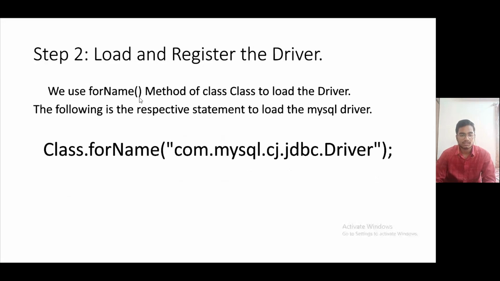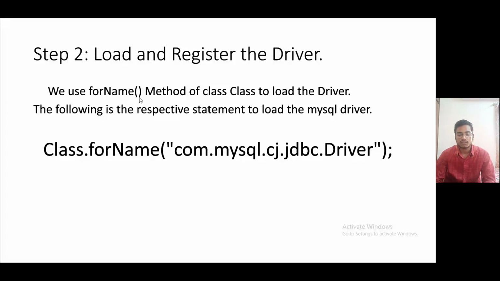And the second step is loading and registering the driver. So we use drivers technology to connect the JDBC. And in order to connect the SQL with the program, we need to load and register the driver, and this can be done with the help of forName method, which is available in the class, and the name of the class is also Class.